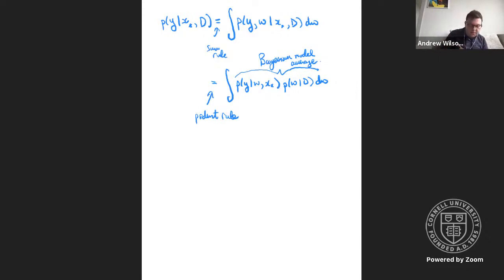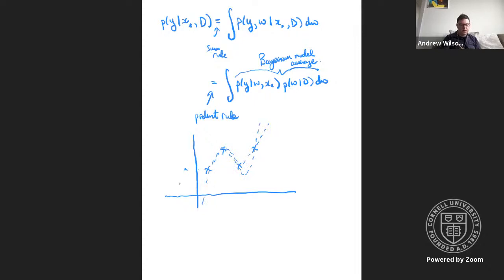So I can explain the difference with the diagram here. Let's suppose we have some data points that look like this. And you're imagining, what are the possible functions that are consistent with these data points? So we might have something that looks like this. We might have another function that looks like this. We might have another function that looks like this. And these are all reasonable explanations for the data, given what we've observed so far.